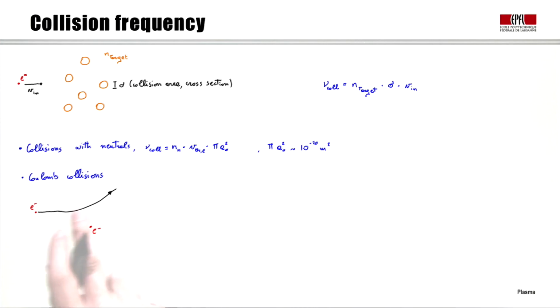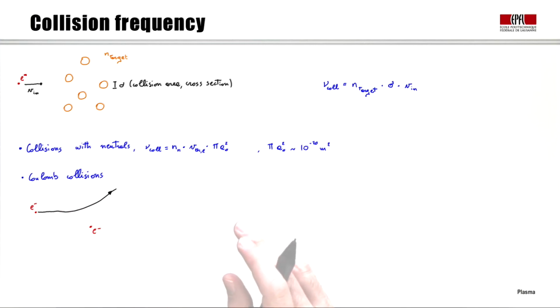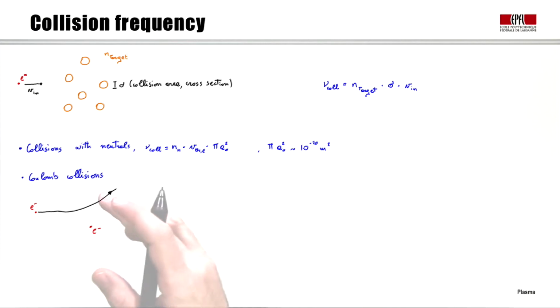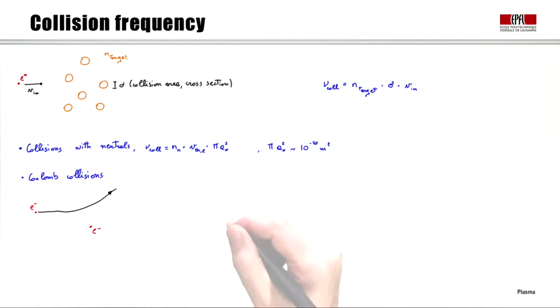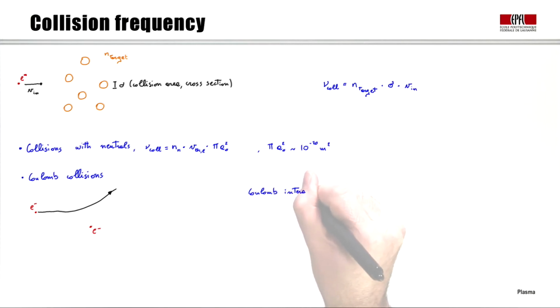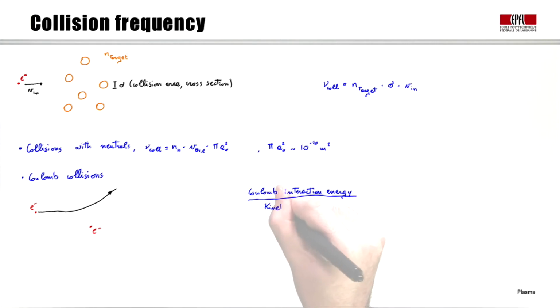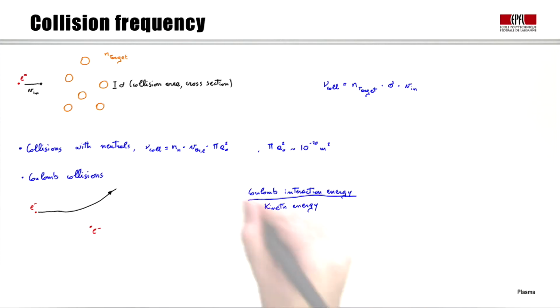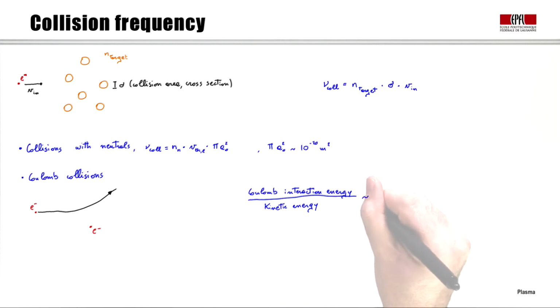Now, this deviation becomes important when the Coulomb interaction energy is comparable to the kinetic energy. And how can we estimate the Coulomb interaction energy?